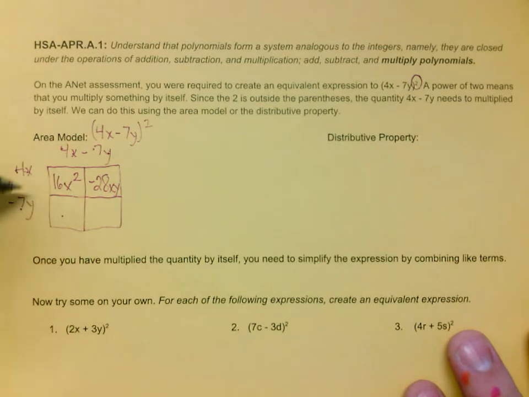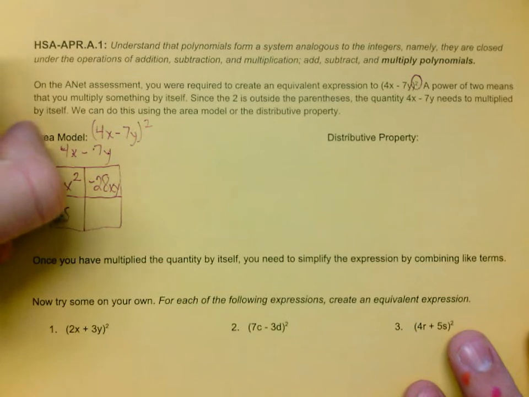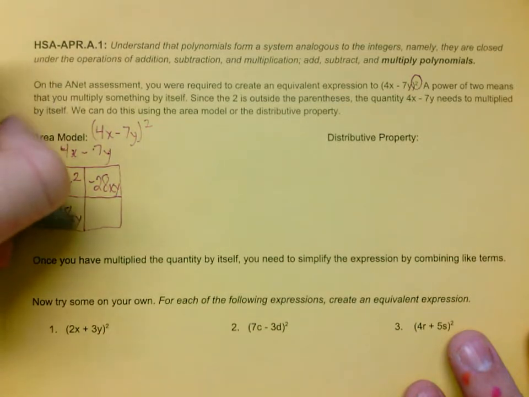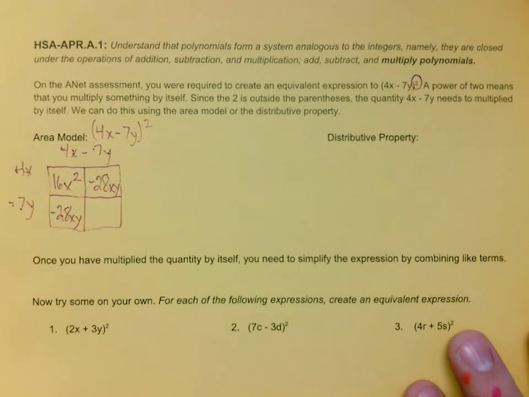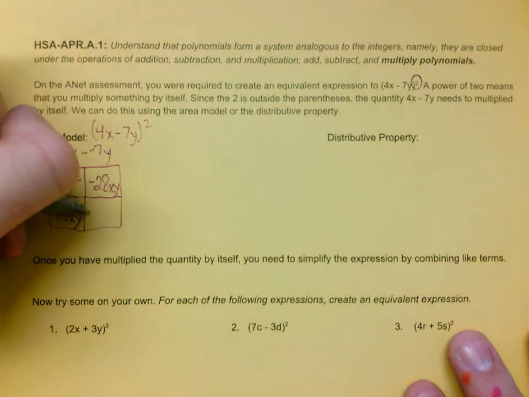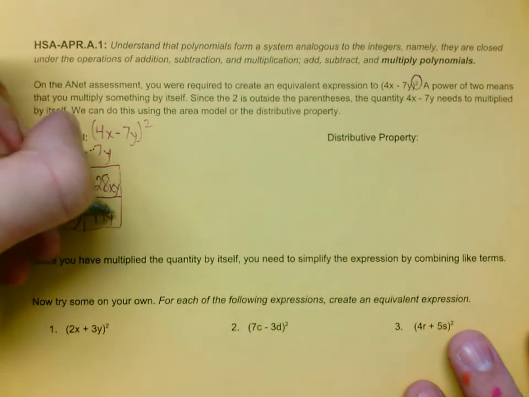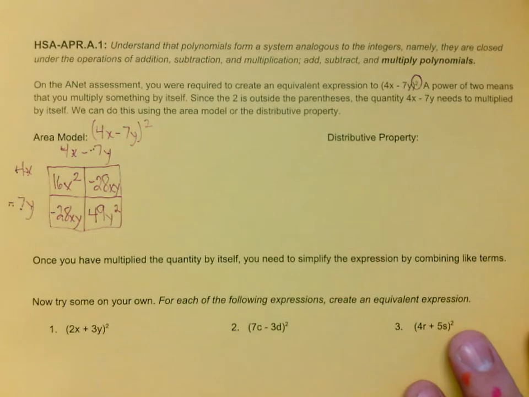Bottom box, same thing, negative 7 times 4, which again gives you negative 28. A y and an x, different variables, so you just write them separately. And then the last box, negative 7 times negative 7 makes positive 49. Y times y gives you y to the power of 2.